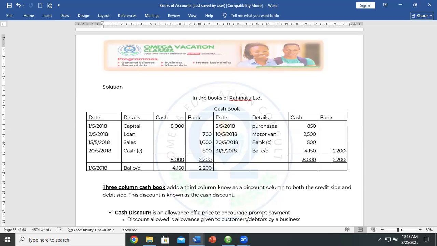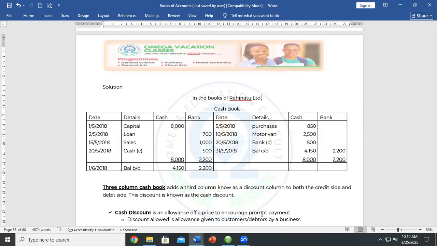And then we spoke about the 2 column, where the business is accepting cash and accepting check. Then we need the 2 column. The 3 column comes in when there is a discount, and we have seen discount to be an allowance given for prompt payment, specifically cash discount. You should be able to differentiate between this and the trade discount, right? The trade discount is given for bulk purchases, when you are buying in bulk.